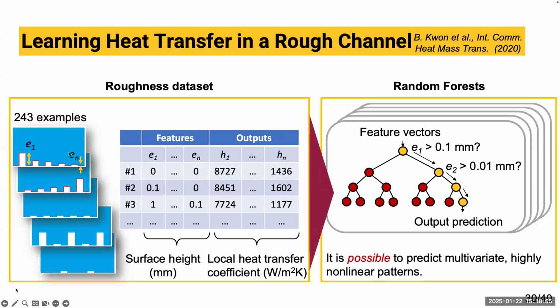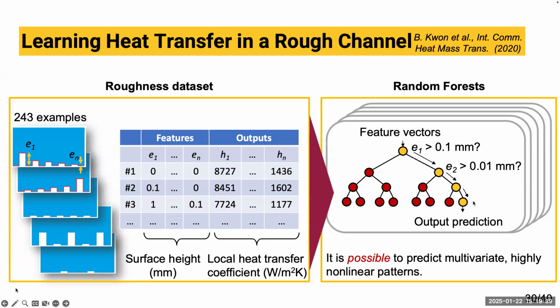And if you put this vector in your random forest model or decision tree model, your model will direct your input vector to a certain branch. And there are many different branches, which are arranged in series. So going through multiple branches, your input vector will be located at a final node, and the final node actually has the description of the convection coefficients in a certain rough channel.